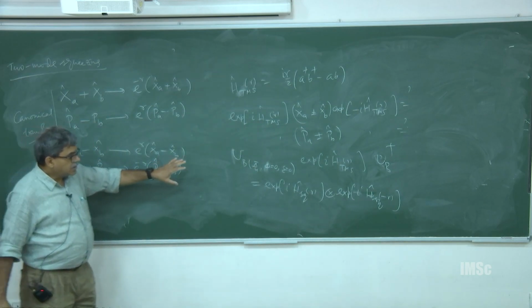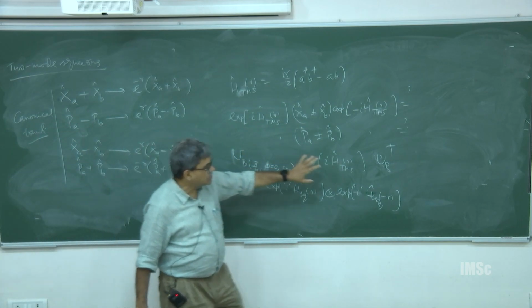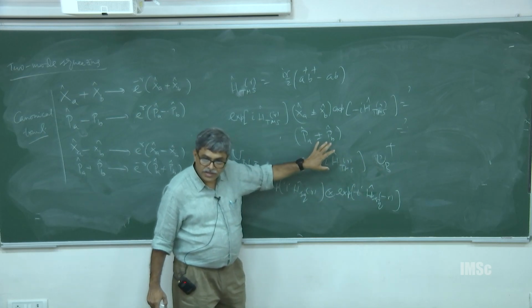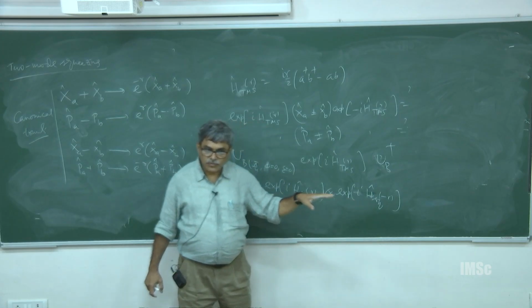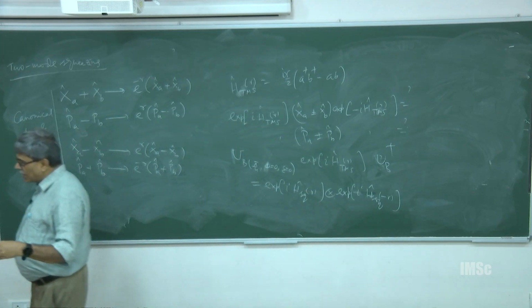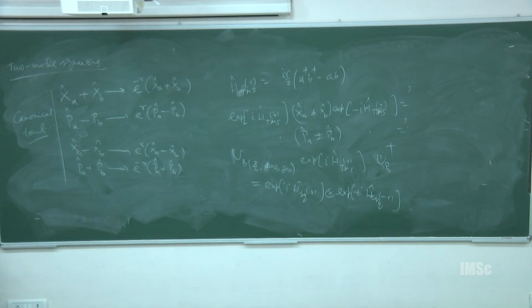So you see that after the action of the beam splitters on two mode squeezing, it gives rise to two single mode squeezings. Therefore, once you can realize single mode squeezing, you can realize two mode squeezing and vice versa. Okay, let me stop here.